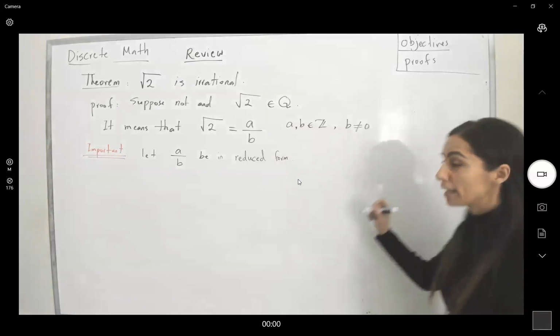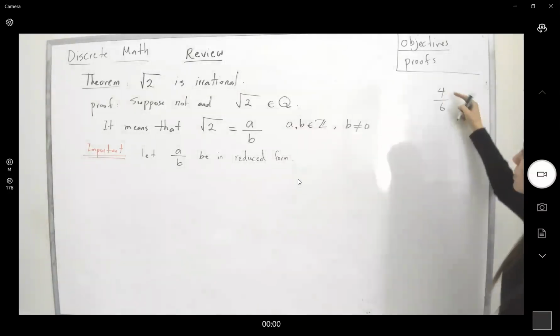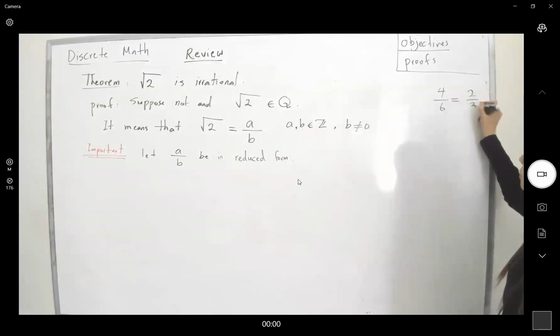What do I mean by that? Remember that, for example, if you have 4 divided by 6, it's not in reduced form. The reduced form is 2/3.